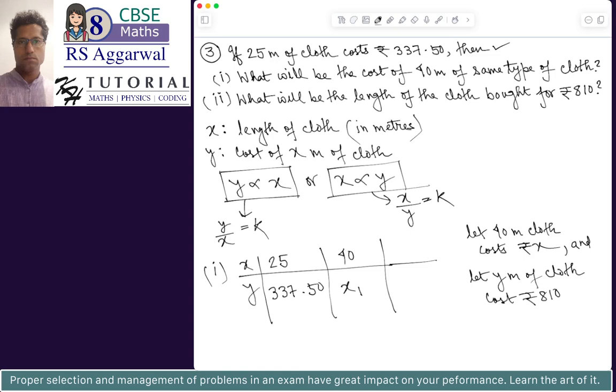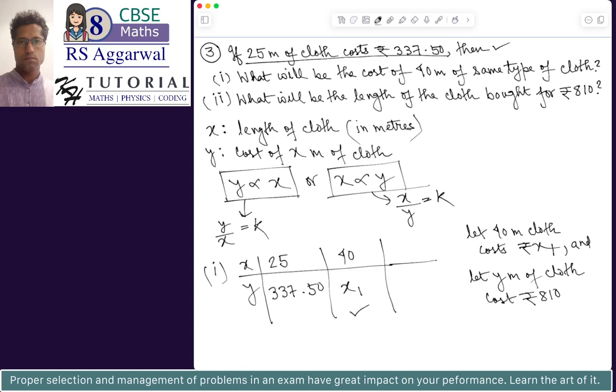By data I mean corresponding values of x and y. The first data is given in the problem itself, that is 25 meter of cloth costs rupees 337.50. We have already written that in the table. The second data is coming from the assumption that 40 meter of cloth costs rupees x, so not x but rupees x1, as per the assumption, we are having this set of data.